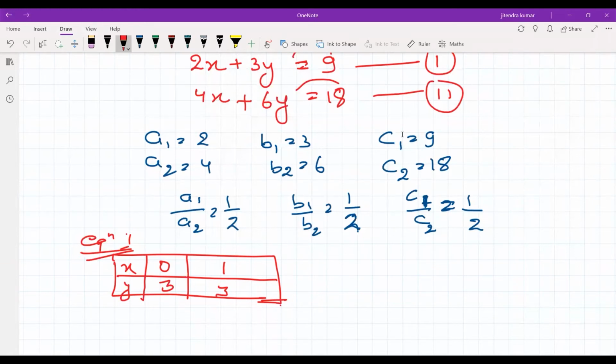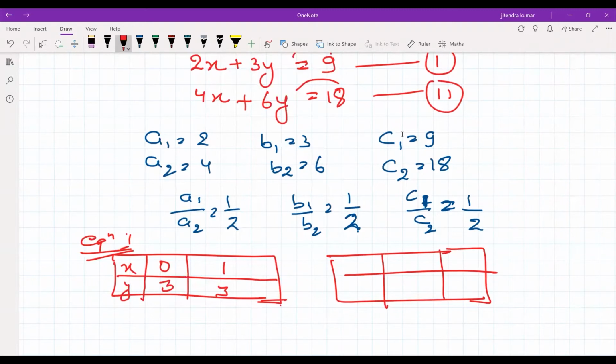Now for equation 2, again, if you put x equal to 0, you can see again you will get y equal to 3 only.